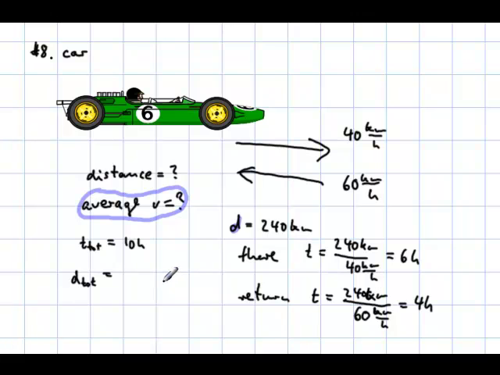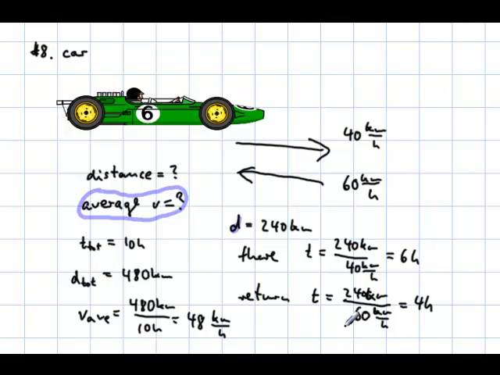is, of course, to get there and return, so that's 480 kilometers, and that means that the average velocity is 480 kilometers divided by 10 hours, and that comes out to 48 kilometers an hour. That seems a little surprising.